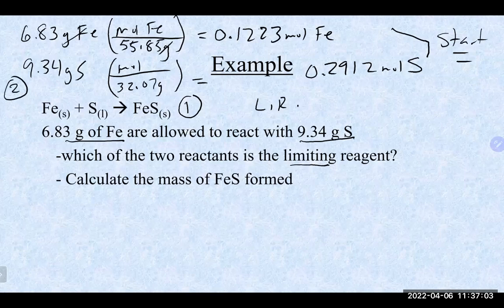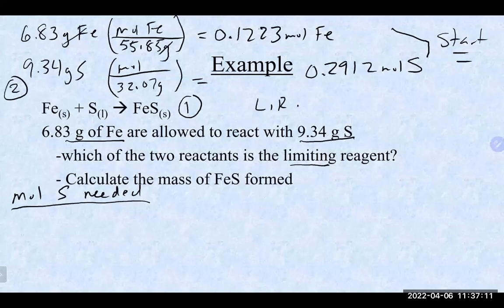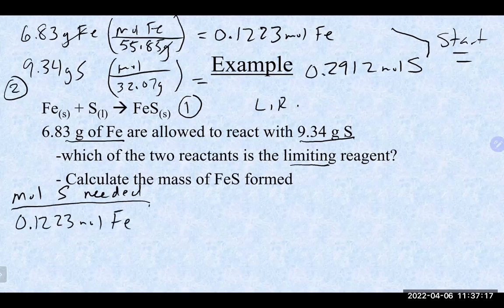So what I'm going to do is, if I want to figure out how many moles of sulfur I need, moles of sulfur needed, I'm going to take the moles of iron that I'm starting with, and do a calculation to figure out how many moles of sulfur I need to put in there. From the equation, it is a 1-to-1 relationship between those two.